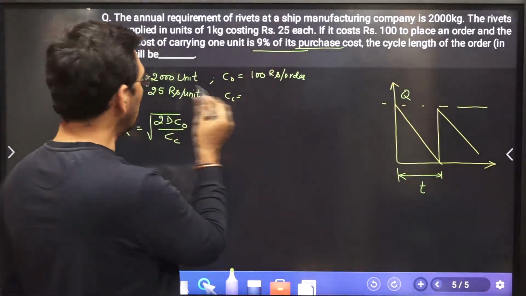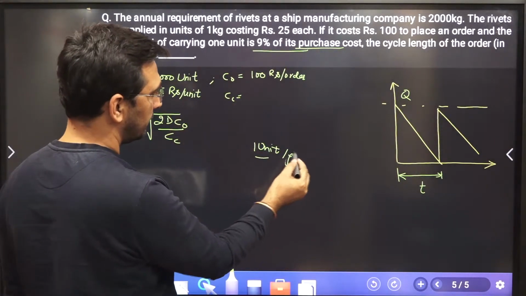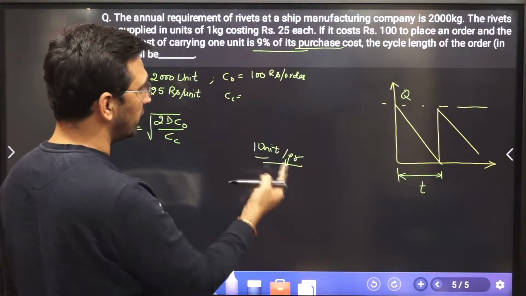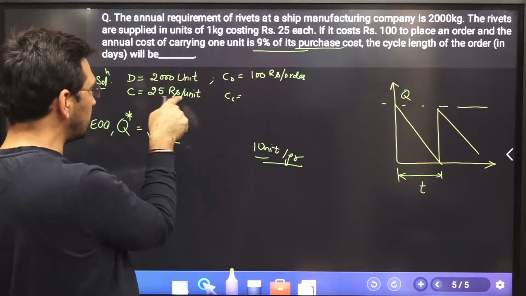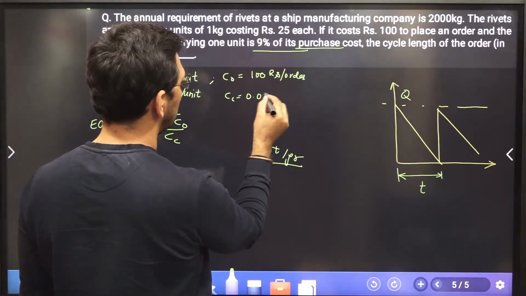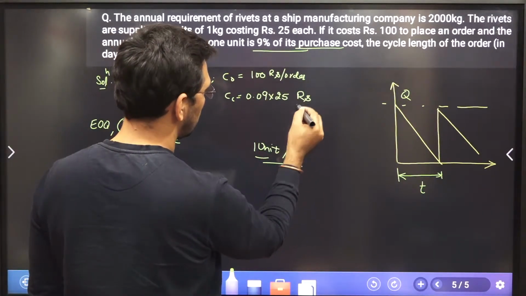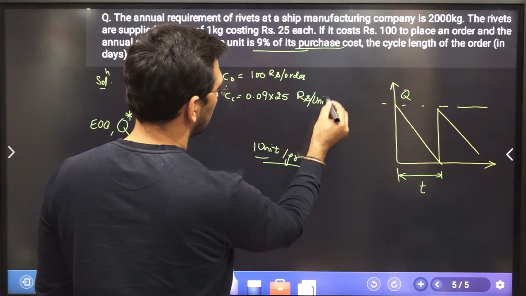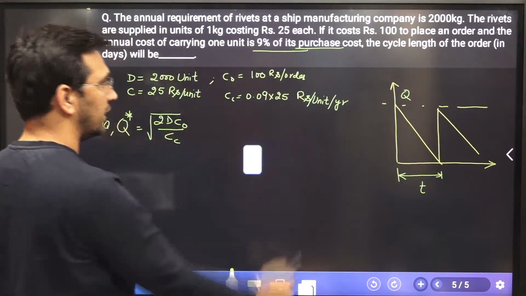That means to carry 1 unit for a year, how much is the cost involved? He's saying that is 9% of this. So 9% means 0.09 multiplied by 25. This much rupees to carry each unit for the whole year, that is per annum. That he has very clearly given.